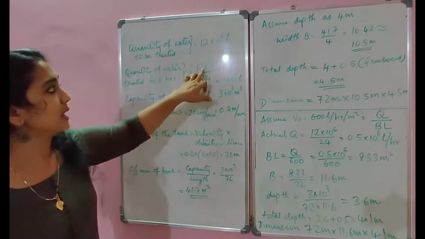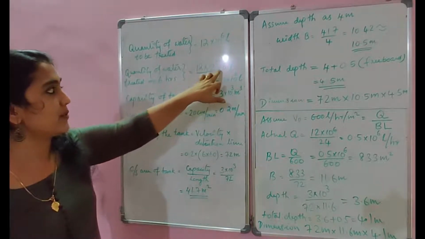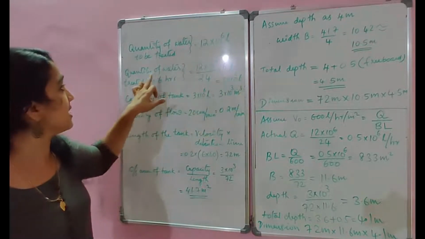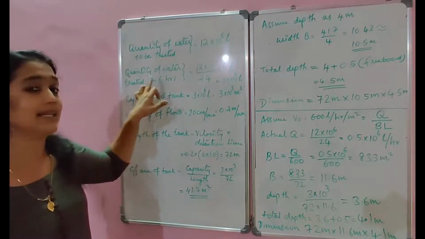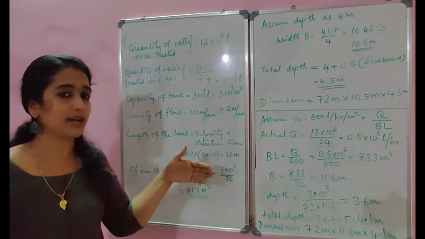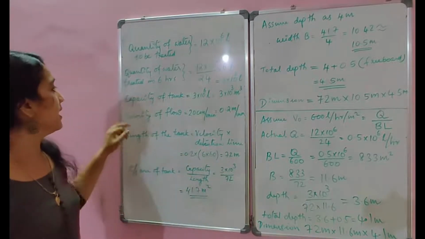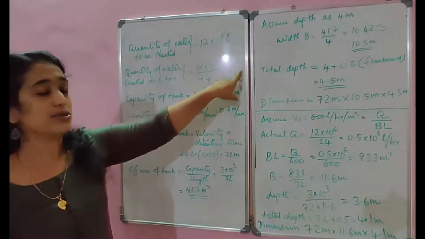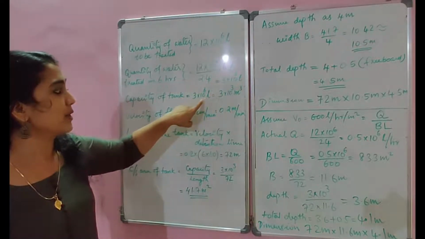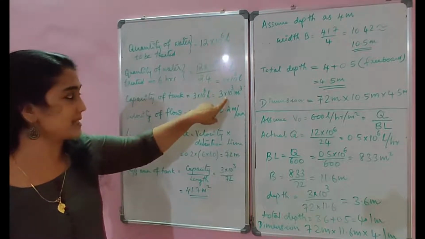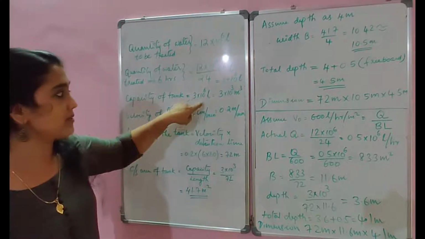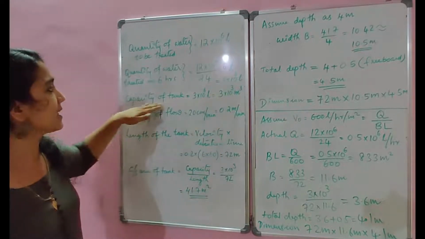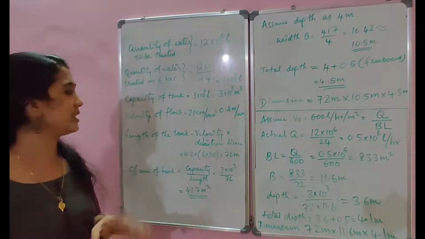That is 12 into 10 raised to 6 divided by 24 into 6, that is 3 into 10 raised to 6 liters, the quantity of water treated in the detention period. Then the capacity of the tank, 3 into 10 raised to 6 liters, converted into cubic meters by dividing by 1000, gives 3 into 10 raised to 3 meter cube. This is the capacity of the sedimentation tank.